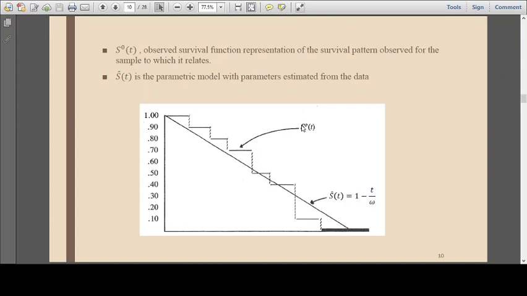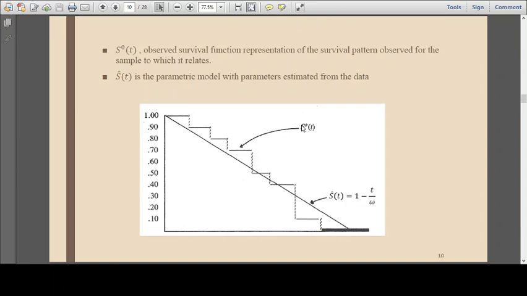S naught(t) observes the survival pattern of the samples to which it relates. As I mentioned just now, it is based on the proportions that you get for the data. Both S naught(t) and S hat(t) are estimated values, but S hat(t) is a parametric model with parameters estimated from the data.